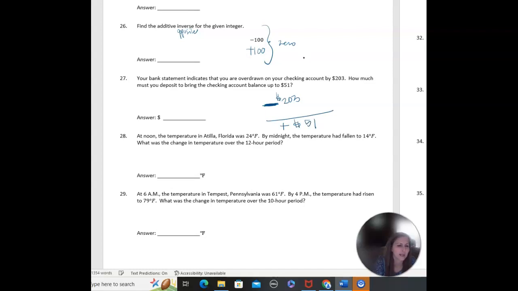Now a number line is helpful here. Let's think about it. You are way down here and you owe negative $203. Here's 0 and you want to get yourself to $51. So you want to take the steps to go from negative 203 all the way to 0 plus $51 more. How many steps would that take? Well, 203 plus 51 is $254.